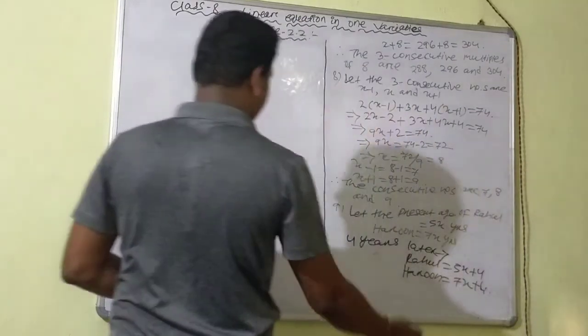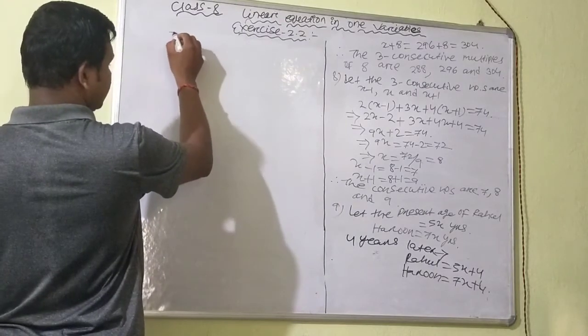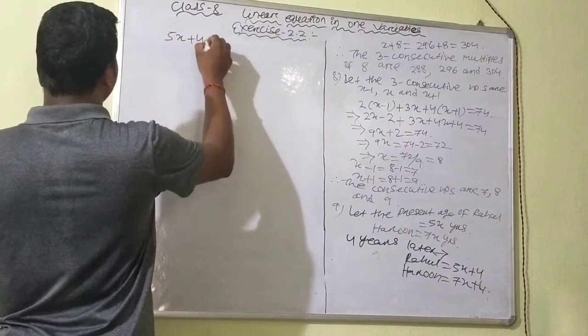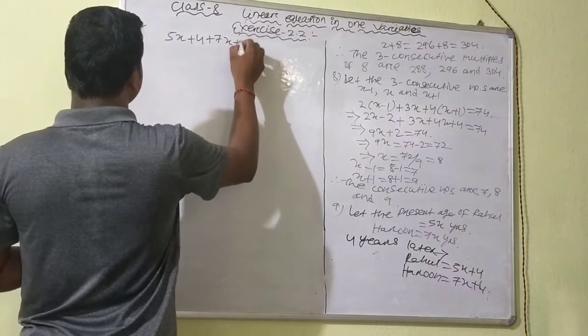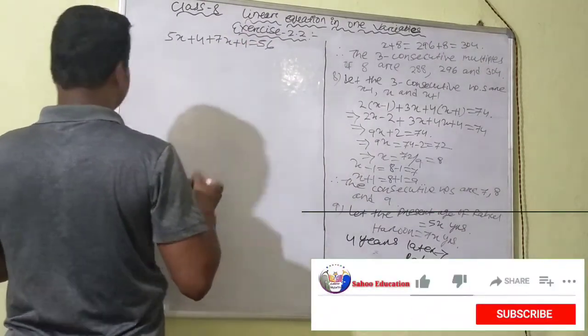The sum of these two ages is equal to 56. That is, 5x plus 4 plus 7x plus 4 equal to the given 56 years.